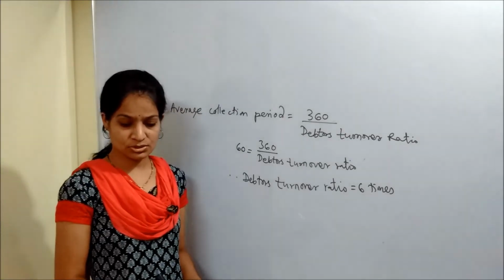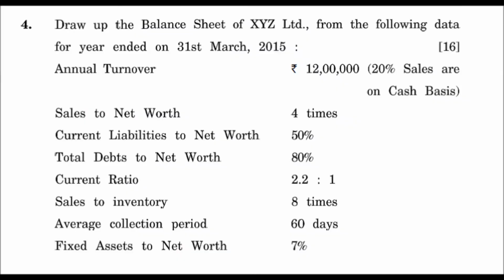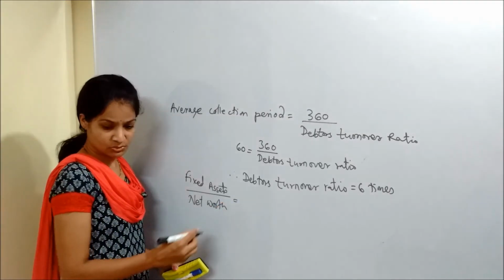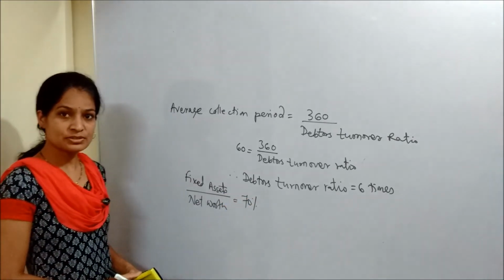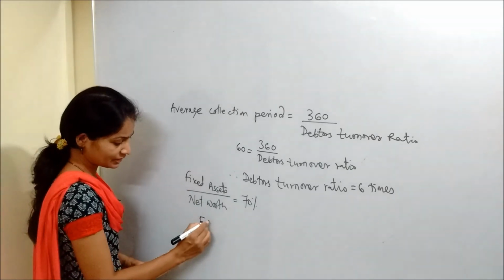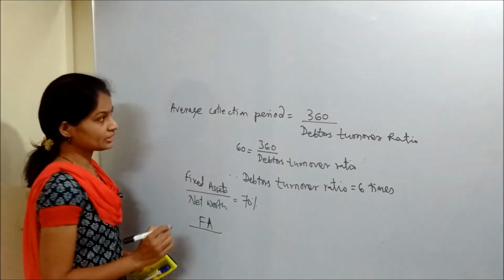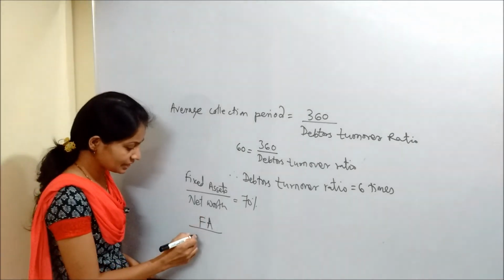Now the next ratio that is given is fixed assets to net worth, which equals to 70%. Now if we solve this equation, we do not know fixed assets right now, so I am writing as it is fixed assets. Net worth we have calculated and that amounts to 3 lakh.